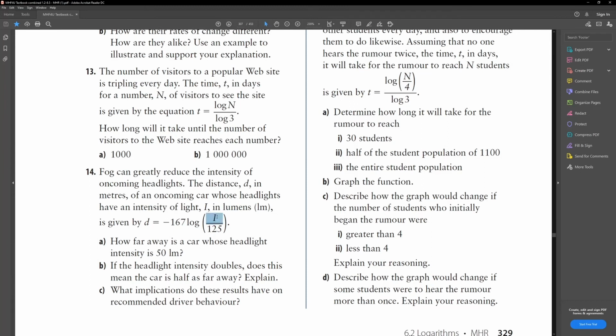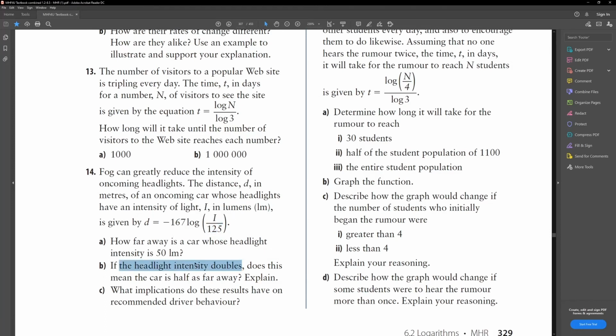So we're going to put 50 in here, divide by 125, take the log of that. 50 divided by 125 is 0.4, so log of 0.4. You'll understand how to put that into your calculator. Then you multiply by that and get your answer.